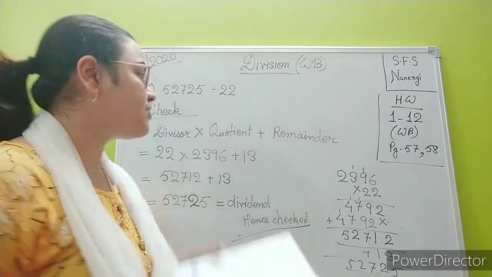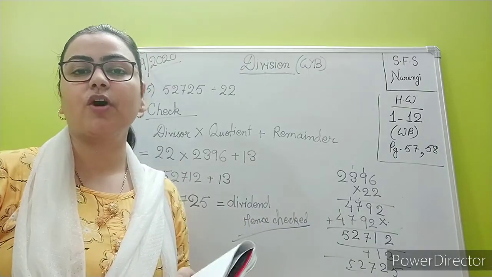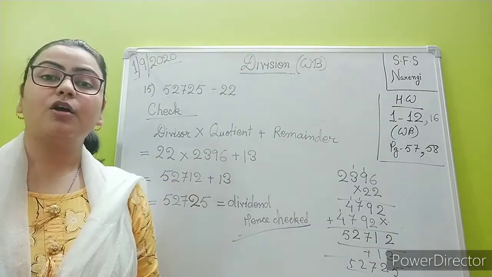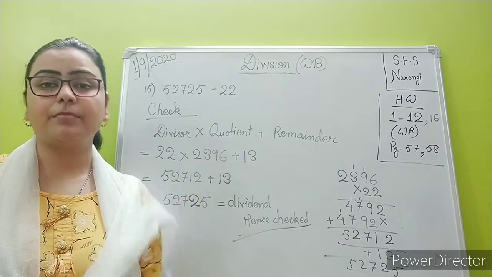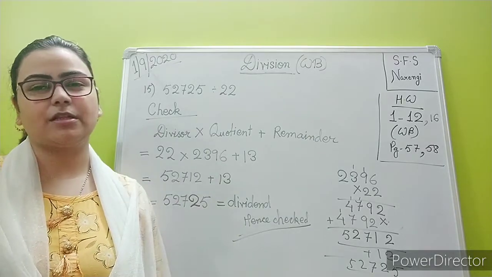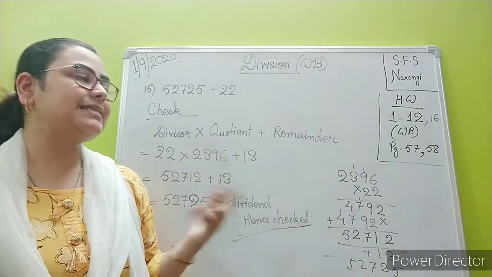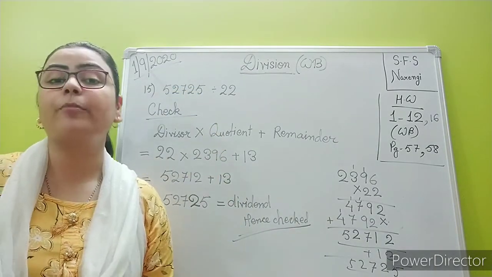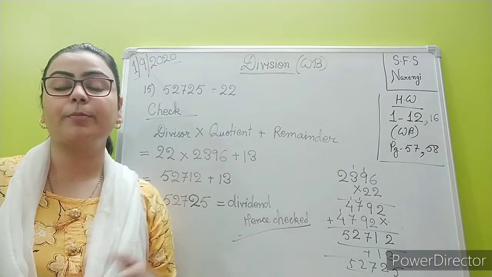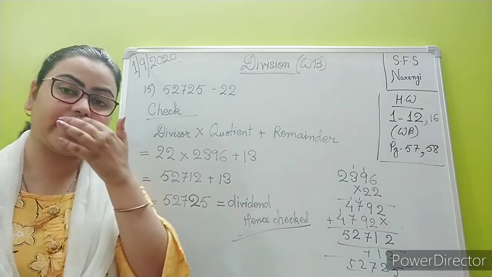Today is 1st of September, so you have a lot of time, and it will hardly take 10 minutes because questions 1 to 12 are just multiple choice questions and one line answers, and 16 is the only one where you have to do a proper division and then check the correctness also.